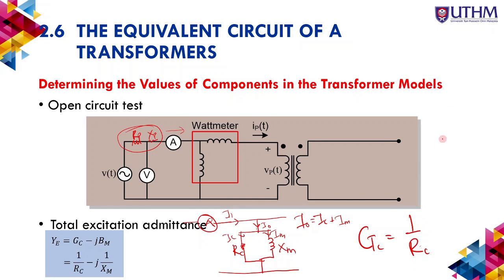And also the magnetizing part, which is the XM. So we represent the BM equal to 1 over XM. Okay. So since dia adalah macam reactance, macam resistor kan, so dia punya admittance je kita tambahkan je lah.